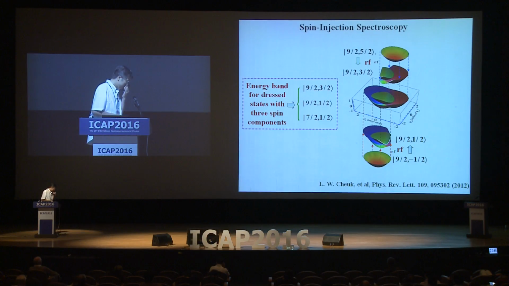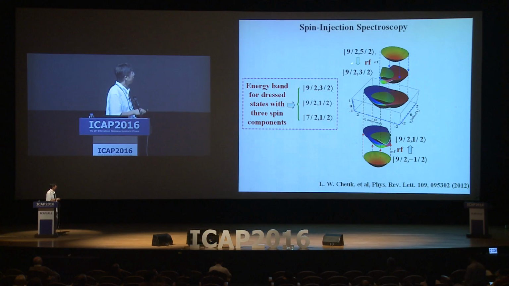In our experiment, we use spin injection spectroscopy to probe the spin and momentum resolved band energy structure. We first prepare atoms in a single spin state as the initial state. The final state is the 2D spin-orbit coupled state.